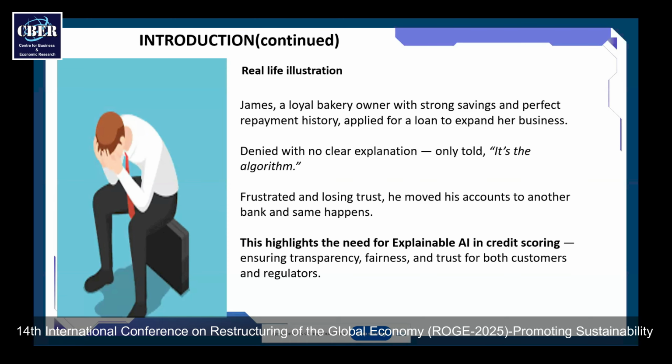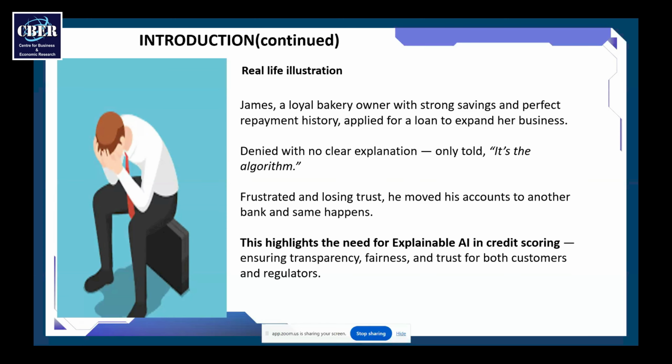In traditional predictive analysis in banking, the algorithm will just say, I'm sorry, James, your loan has been denied. James, frustrated and losing trust, will move his account to another bank, because there's no explainability as to why that loan was denied. That is for the traditional predictive system.